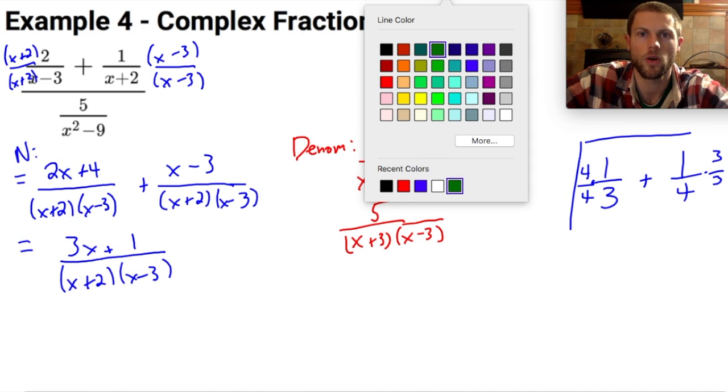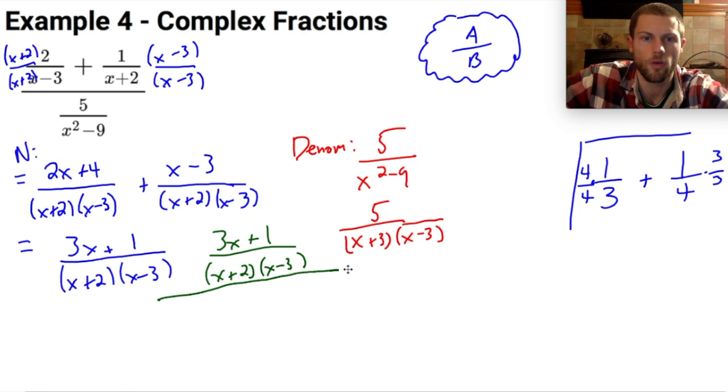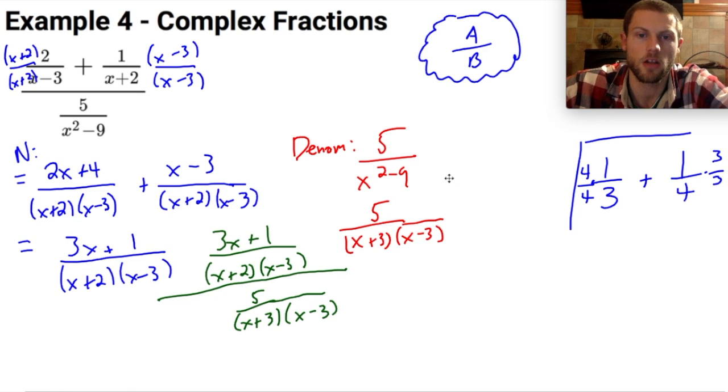This is going to look like, let's see, I'm going to stick this right in the middle here, 3x plus 1 over x plus 2 times x minus 3, all over my big denominator, 5 over x plus 3 times x minus 3. Now is probably a good time to take a look for restrictions.